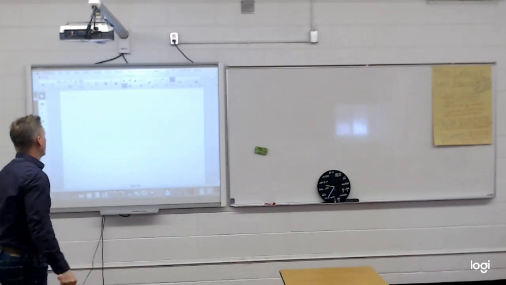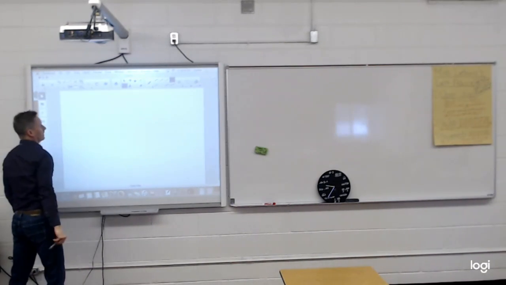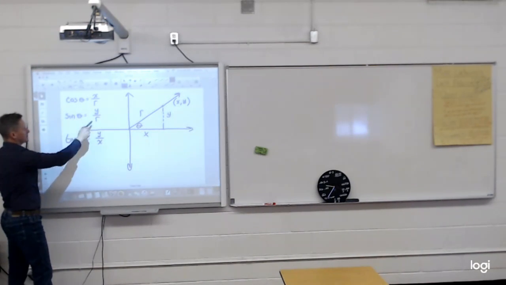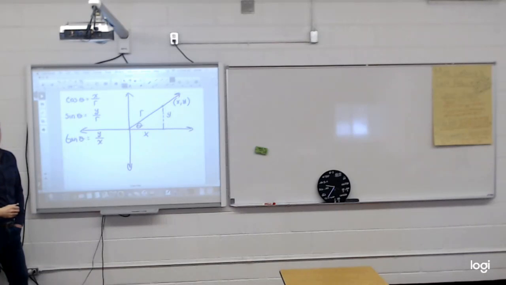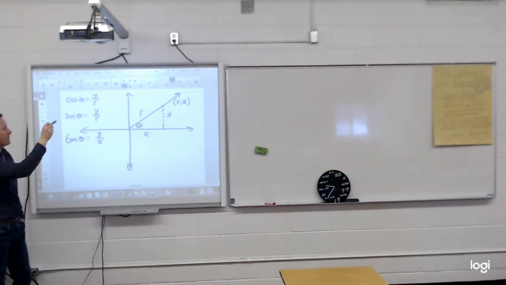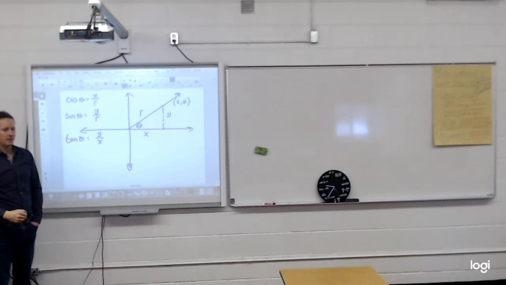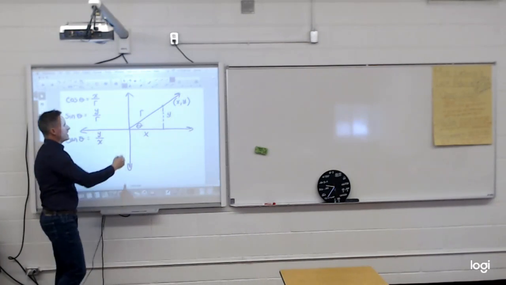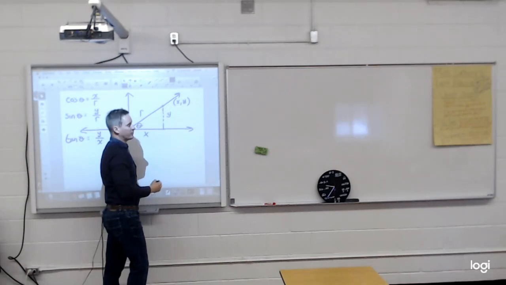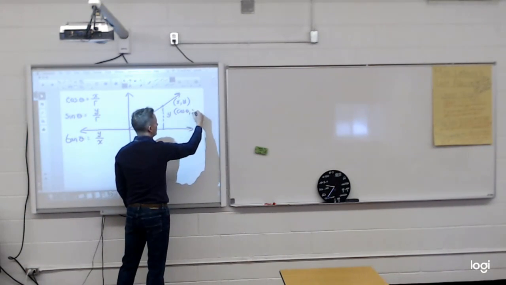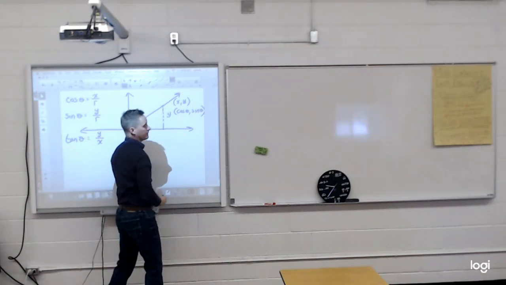Now, let me go back to this. Now that I know that the cos is your x value and the sine is your y value, that helps me set up around the quadrant when they're positive and when they're negative. So right here, your x and y are both positive. That means that cos theta and sine theta are both positive ratios here.